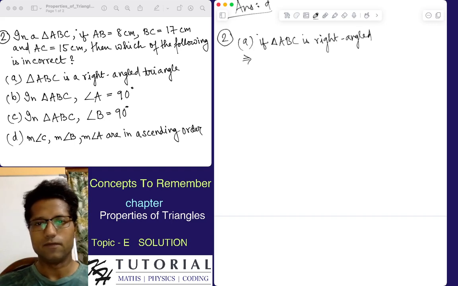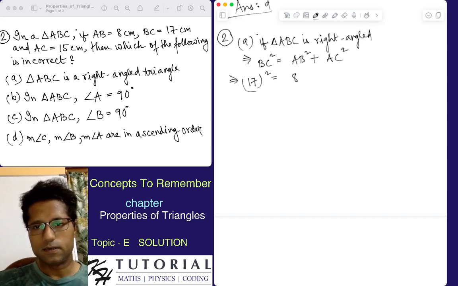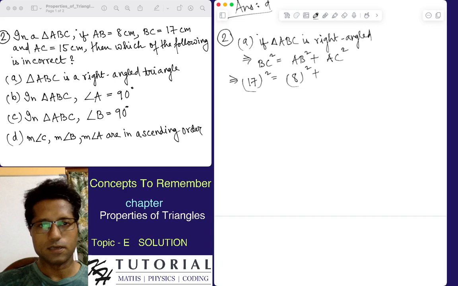So since BC is the longest side, it must be the hypotenuse. So we must have BC square equals to AB square plus AC square. This implies we must have 17 square equals to 8 square plus 15 square.